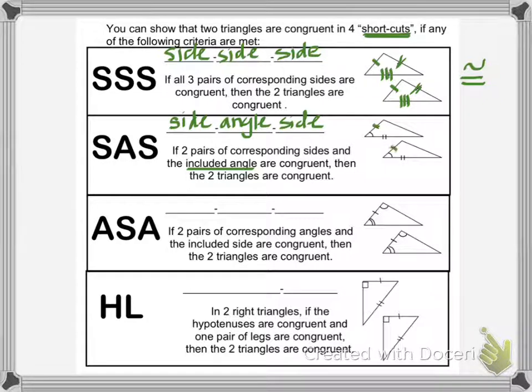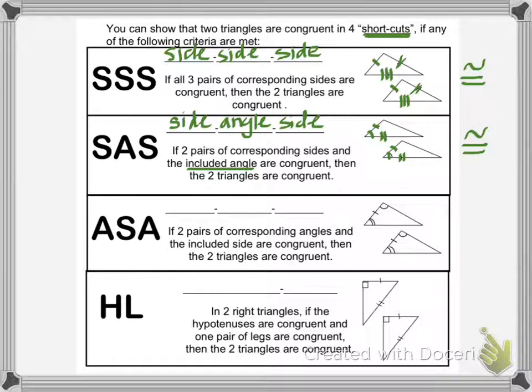You've got two pairs of congruent sides, and the angle between those two sides, or the angle formed by those two sides, is also congruent. Then just knowing those three pieces of information is enough to say that the triangles are completely congruent without knowing anything about the other side lengths or angle measures. Okay, so that's SAS. That's another shortcut.